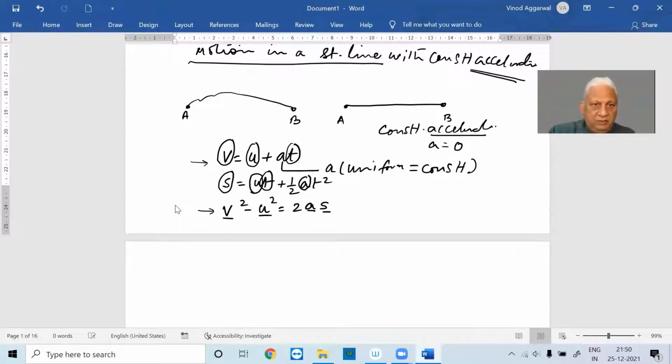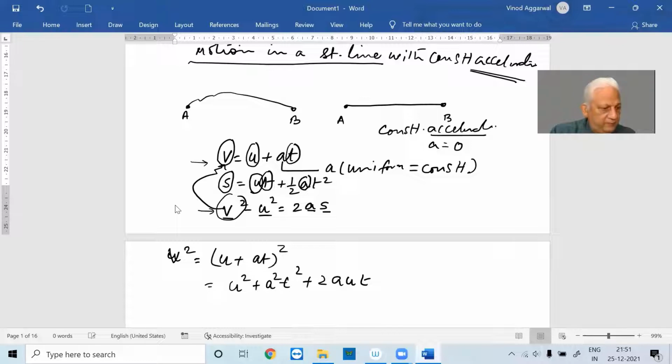For v square we take the value from here, which is u plus at, whole square. This is v square. This is equal to u square plus a square t square plus 2aut.